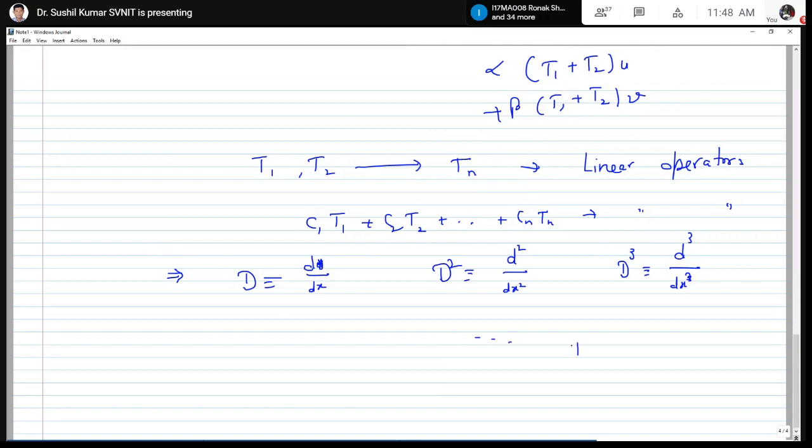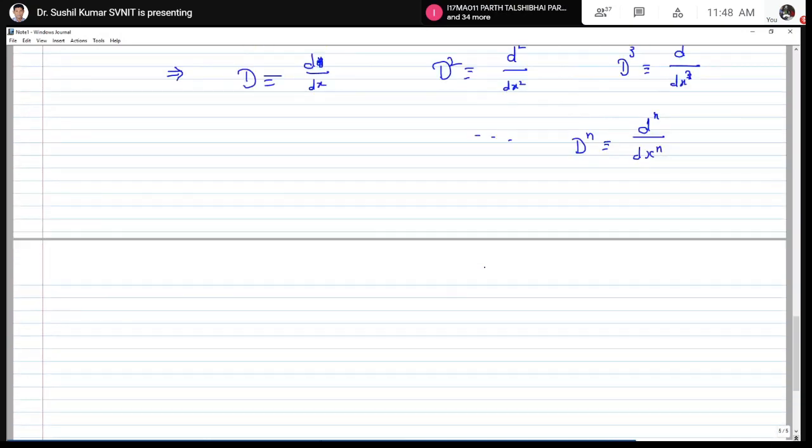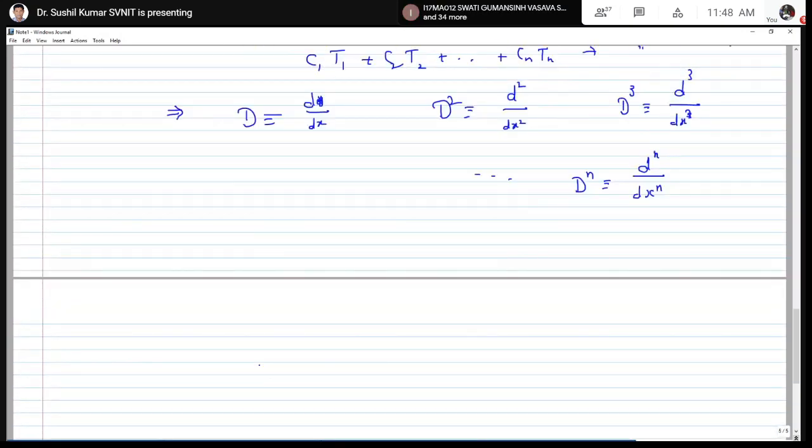When you can write Dn, that is equal to dn over dx raised to power n. So all of these are operators. So if you write a linear combination of these operators, so let's say I'm using only the first three parts.